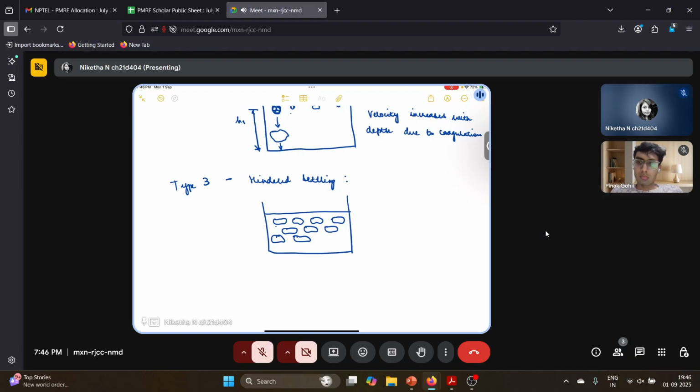So it's not going to have a uniform velocity throughout. Maybe initially it will have one velocity, and as it coagulates, as it flocculates, its velocity will increase, and as it interacts with other particles, again its velocity will change. It will decrease. So this is hindered settling, where your particles hit each other, and because of that, their velocity will reduce.